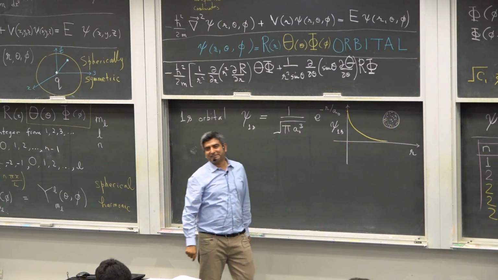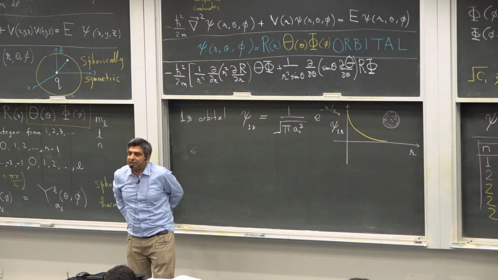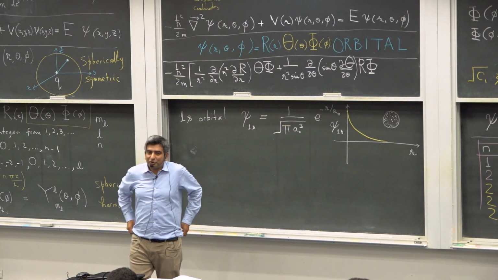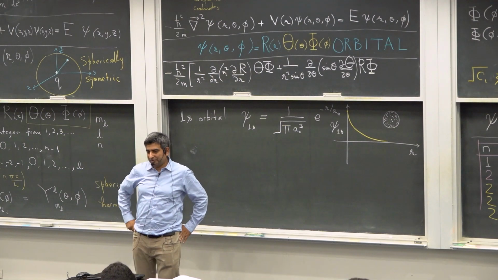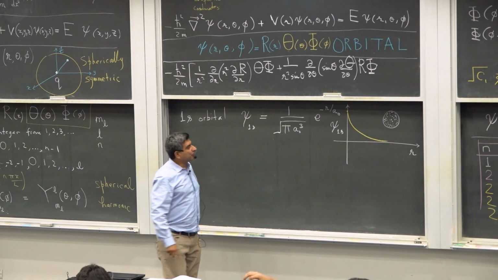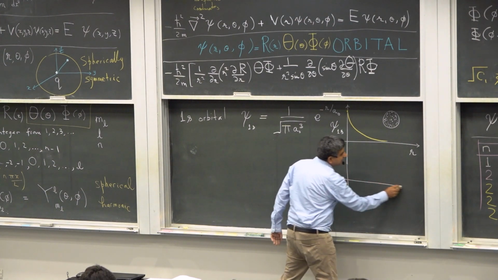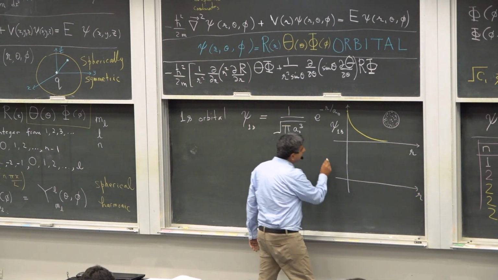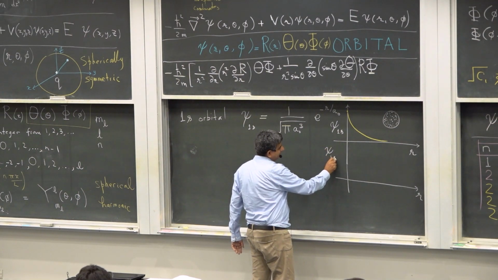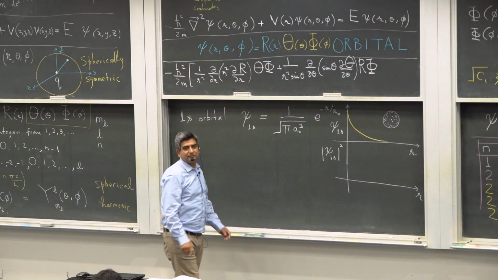But what does quantum physics tell us? Quantum physics tells us that wave functions on their own do not have any meaning. It's the modulus square of the wave function that is important. So if I'm just focusing on the 1s orbital and I plot the modulus square of this wave function, what will that look like?